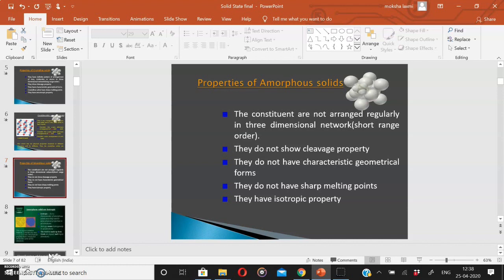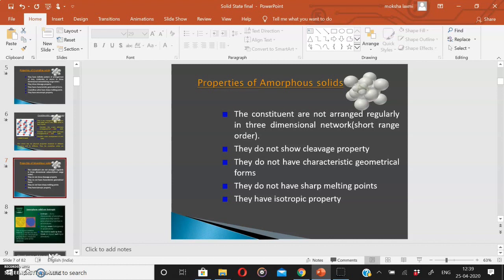Number three, they do not have characteristic geometrical forms. Number four, they do not have a sharp melting point. Amorphous solids do not melt at a fixed melting point. For example, glass is an amorphous solid, and when you start heating at a certain temperature, it will start flowing.